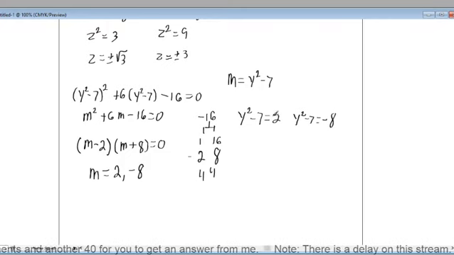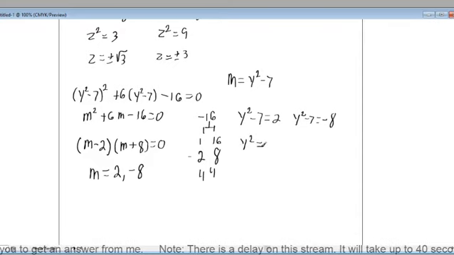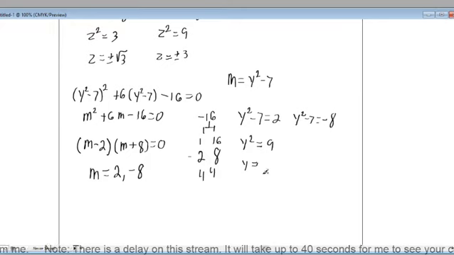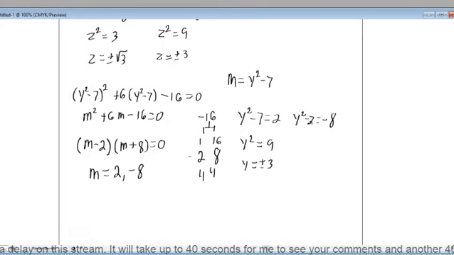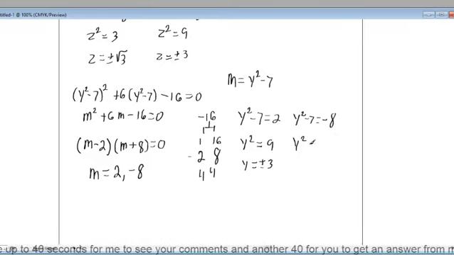Okay, so add 7 to both sides here. That's going to give us y squared equals 9. Take the square root of both sides. It's going to give us y is equal to plus or minus 3. Take 7 to this side. That's going to give us negative 1. y squared equals negative 1.